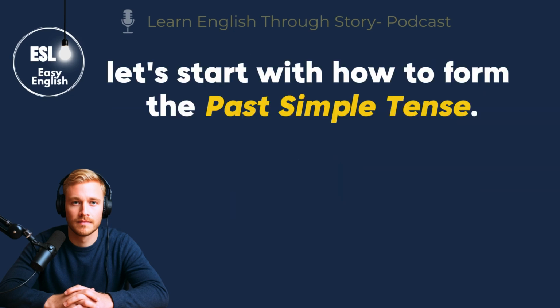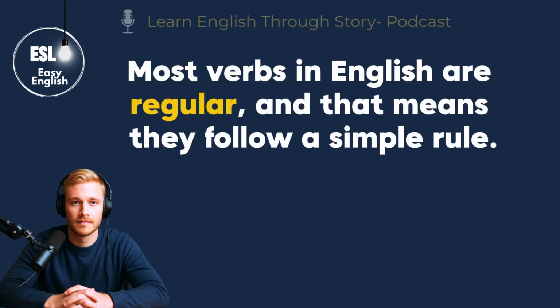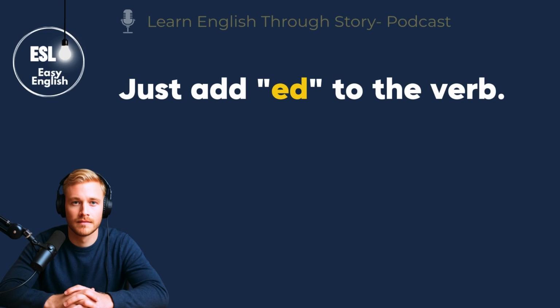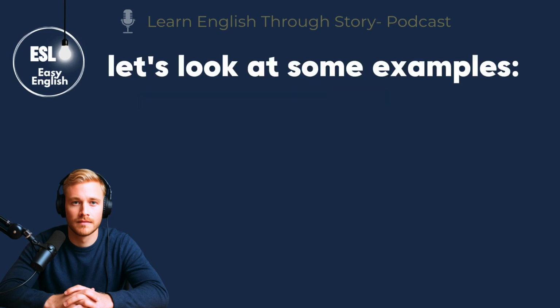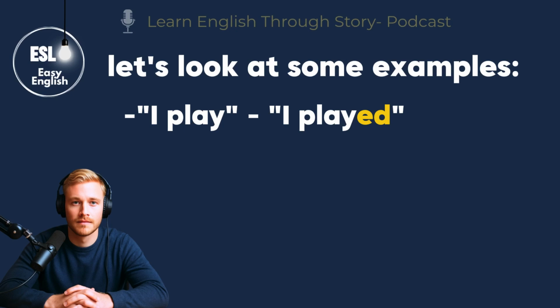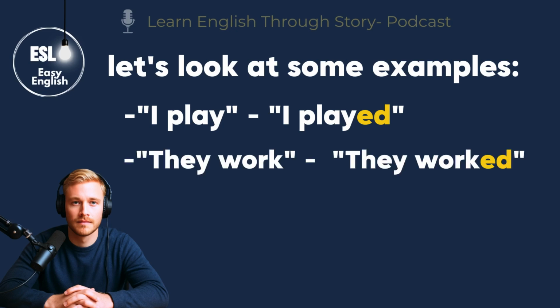Let's start with how to form the past simple tense. Most verbs in English are regular, and that means they follow a simple rule. Just add ed to the verb. Let's look at some examples. I play, I played. They work, they worked.